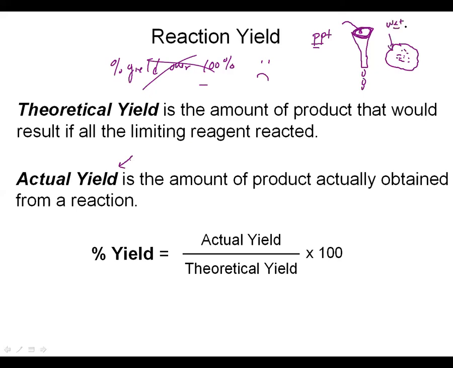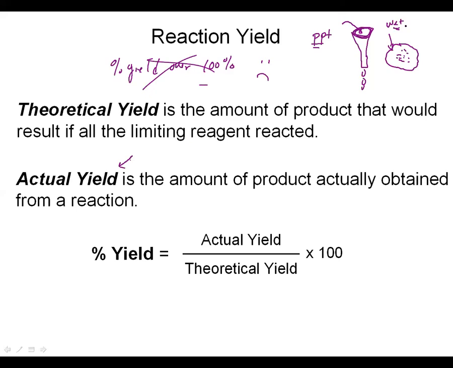So sometimes when people do an experiment like this and don't let the filter paper completely dry, when they go to reweigh it, they're going to have a greater mass than they should, because they will be counting the mass of the water that's still there, because it didn't completely dry, as product. And that's usually when you find yourself with a higher than 100% yield. And again, you get the unhappy face. Not a great deal in that case.